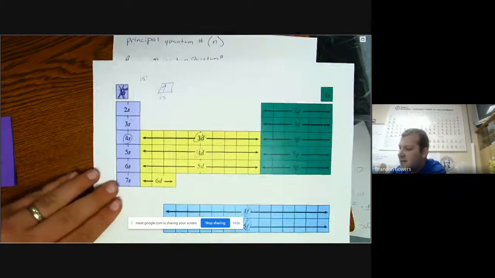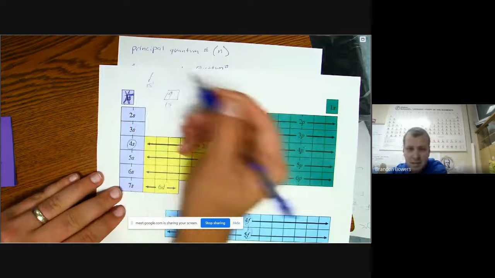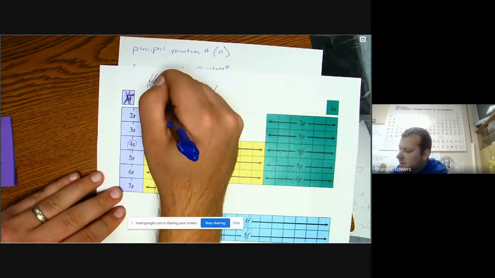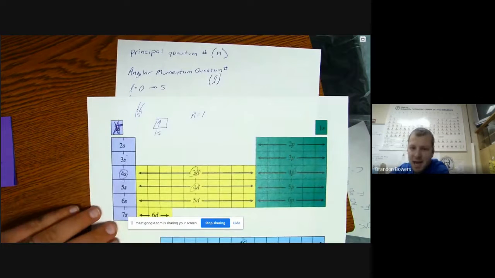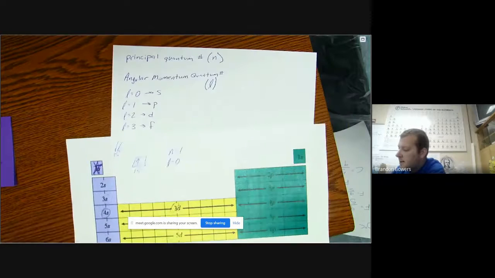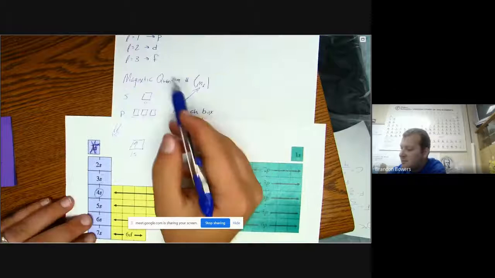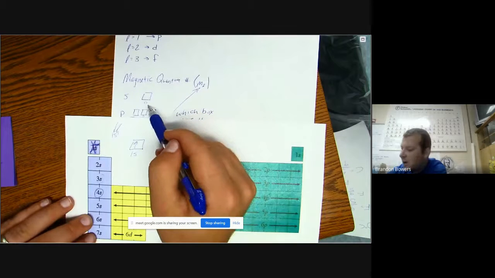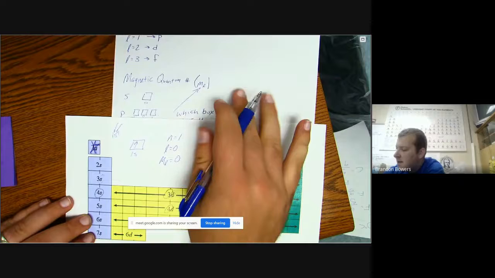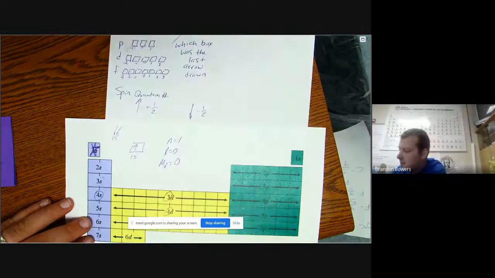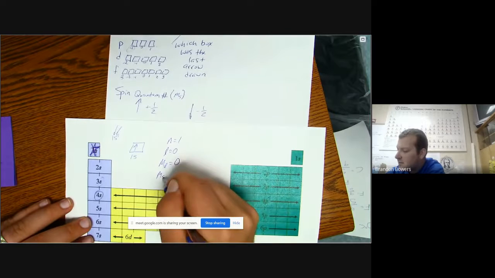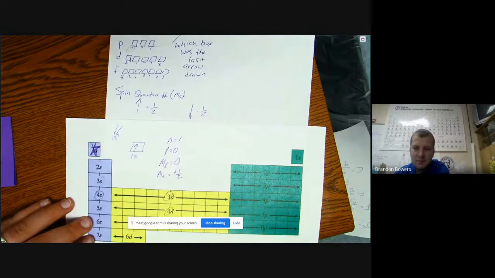I'm in 1s, so my n is 1. S represents, well, my L is going to be 0. My magnetic quantum number can only be one thing, since there's only one option for S, so my ML is going to be 0. Then was my arrow up or down? We designate this to be MS. My MS is up, so it's positive 1/2. And those are the 4 quantum numbers.